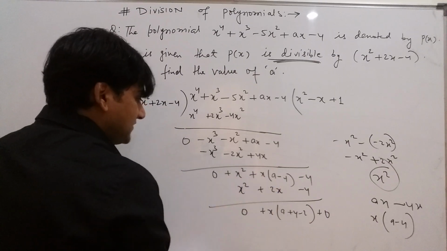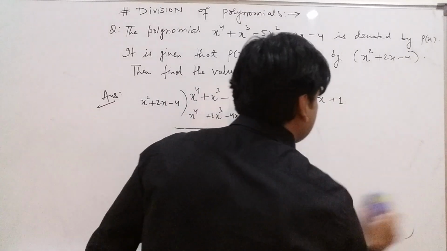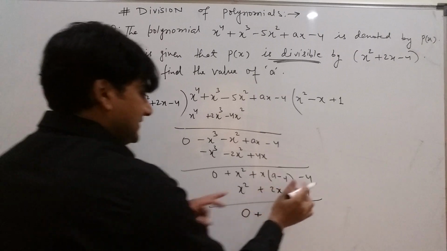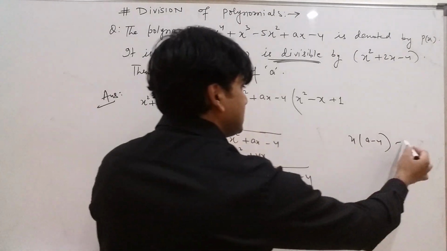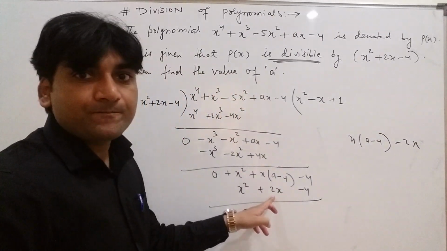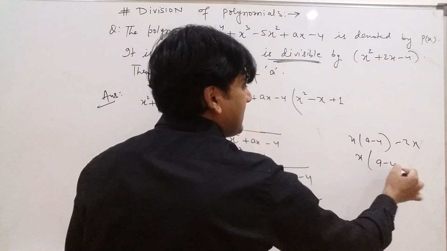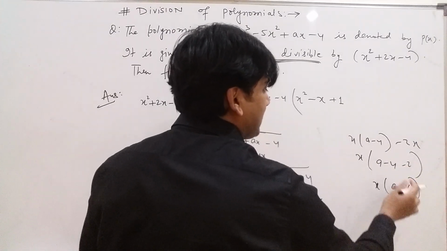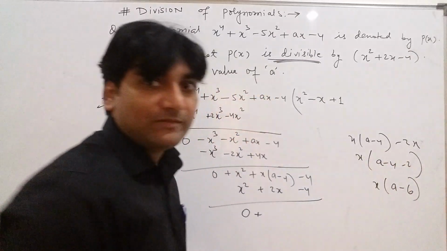Now we have to take the difference of these two. So let us understand. x squared is 0, plus this is x times a minus 4 and this is minus 2x, right? Then I will take x common. Then a minus 4 minus 2, I will get a minus 6.